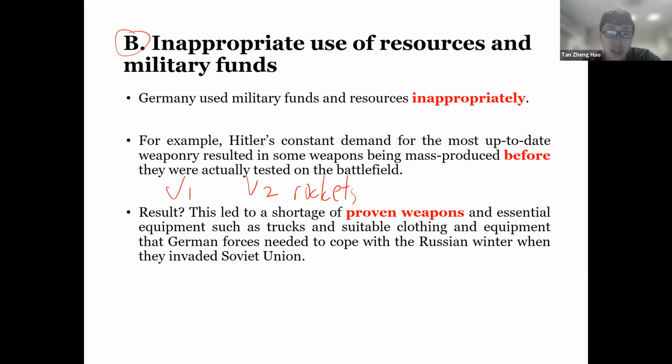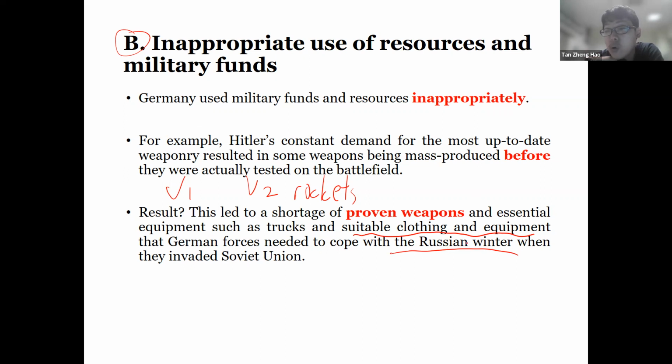As a result, because you wasted resources on not the most useful weapons, it led to a shortage of other practical, important weapons. One very important thing you might have neglected is the manufacture of things like clothing and equipment. Eventually, one of the reasons why Germany lost the war was Russia.